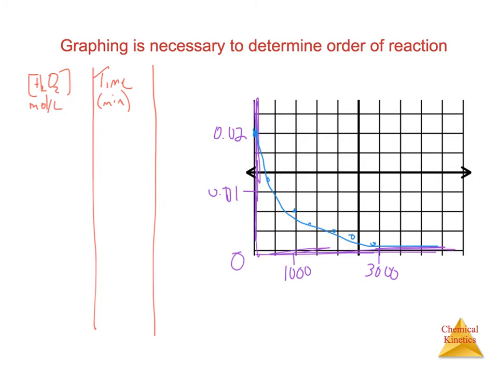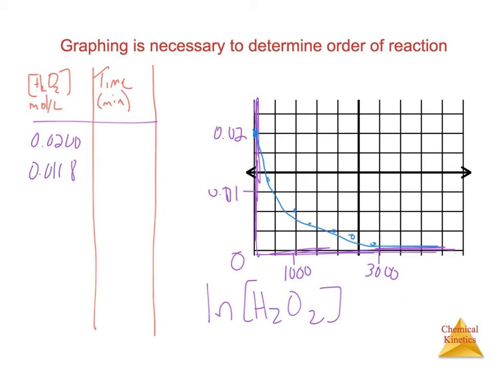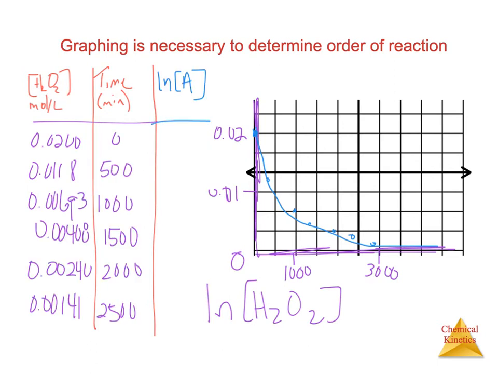We must graph the natural log of the concentration of H2O2 and see if that gives us a straight line. Okay, so here I'm going to calculate, using my calculator, the natural log of H2O2.